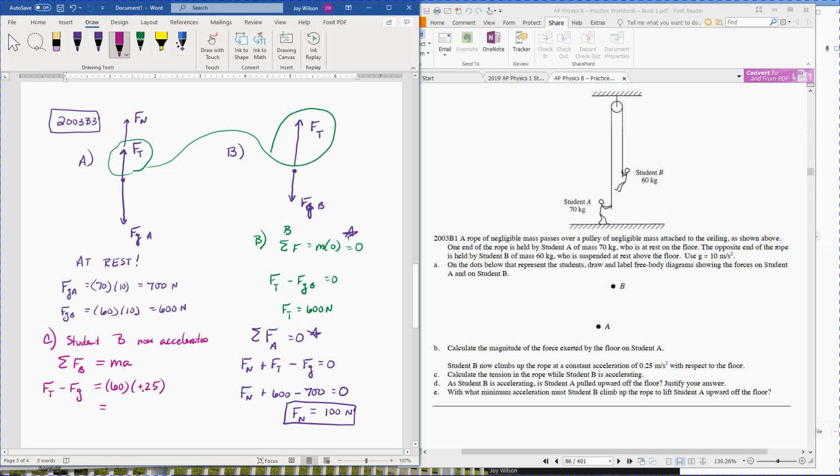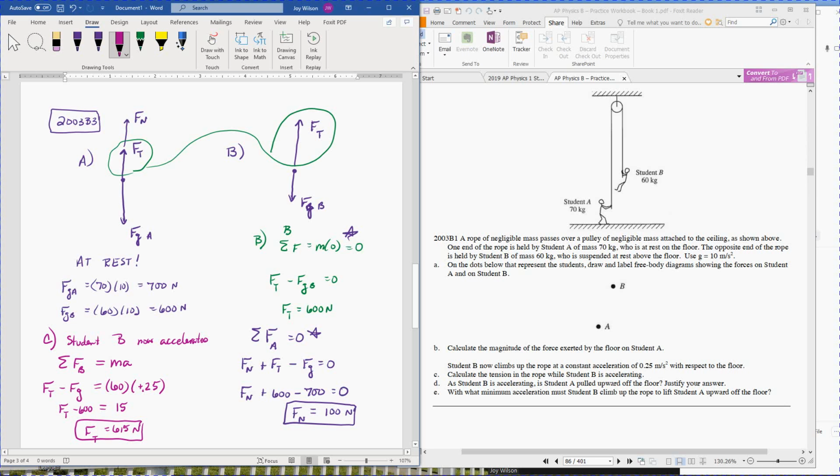They're asking me to find the tension in the rope now. Well, so force tension minus 600 would equal, let's see, 1/4 of 60 is 15. So force tension is now 615 newtons. So now student A feels like the kid on the other side is getting heavier.